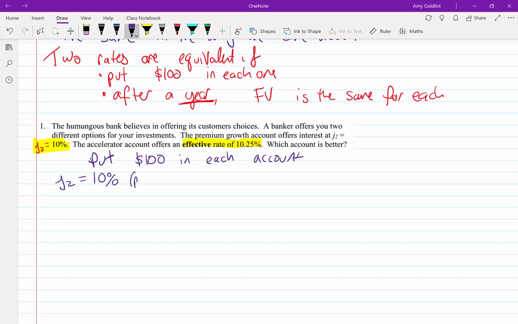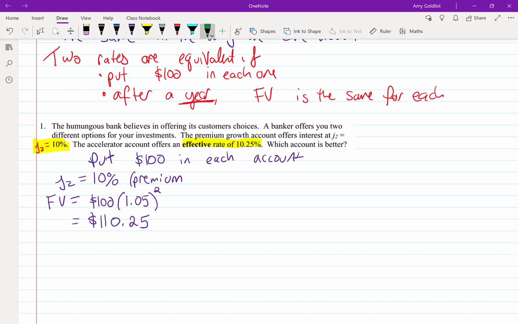That's the premium. After 1 year, we have a future value of $100 times 1.05, because 5 is half of 10%, to the power of 2 because there's 2 half years in a year, which means at the end of the day, I have $110.25.